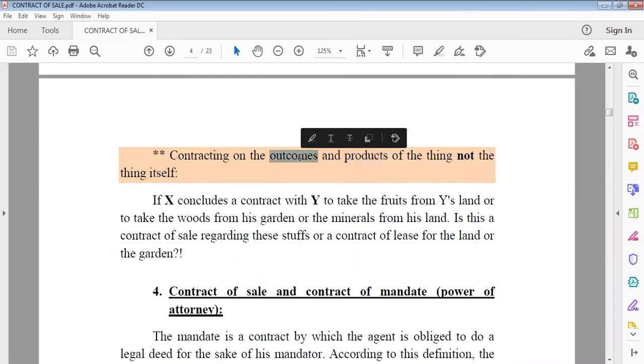However, for the outcomes, we have to differentiate between two cases that are mentioned in the examples that I have shown before. We have to say who takes responsibility for the expenditures. So these are some indicators which enable me to qualify the contract, whether it is a contract of sale or a contract of lease.